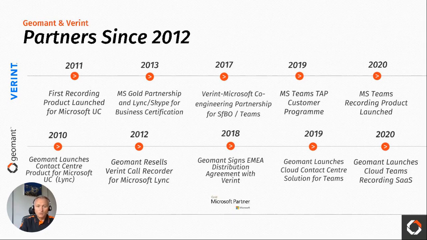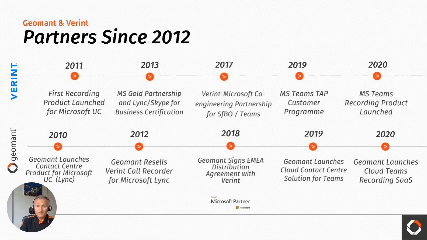But in the area of call and interaction recording, we've chosen to partner with Verint, who have consistently provided the most advanced and feature-rich solutions for recording not just calls, but all types of customer interactions for both compliance and quality purposes. Our two companies have worked together since 2012, and Geomant has many customers using Verint solutions in a wide variety of industries.